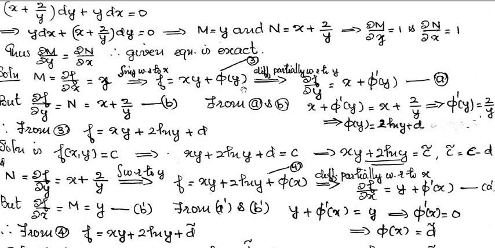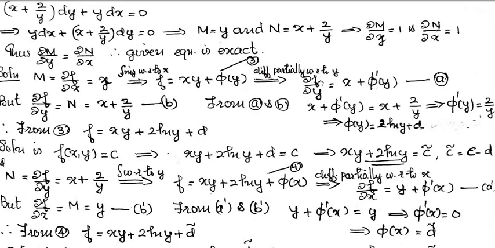See, we here take the constant of integration as phi of y because we are integrating with respect to x, and while we integrate with respect to x, y is considered as a constant. Therefore, there is a chance of the existence of y here, or it may be an arbitrary constant value.